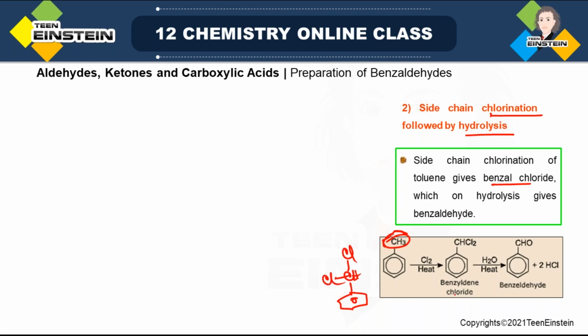You can call it benzal chloride or benzylidene chloride. And further, when you hydrolyze it, it will be converted to CHO. So this is another method. It is called side chain chlorination, because first there is chlorination, then you do hydrolysis, and you get benzaldehyde.